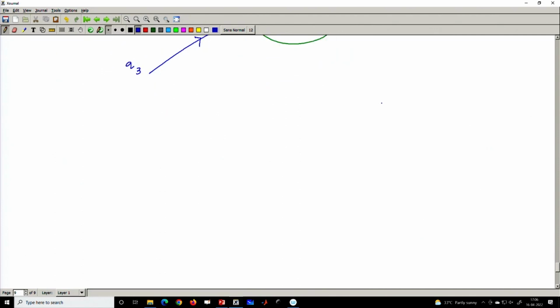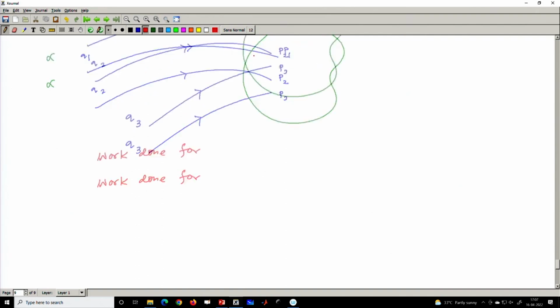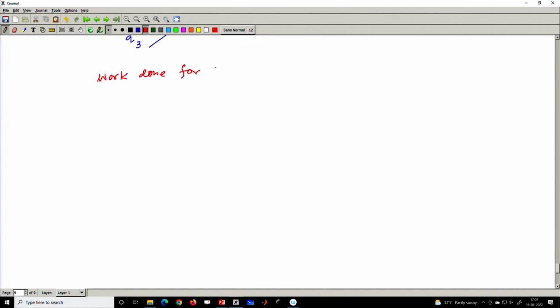Now, if I calculate the work done, the work done for Q1, that means to bring Q1 from infinity to point P1, if I write this as W1, that value is 0.